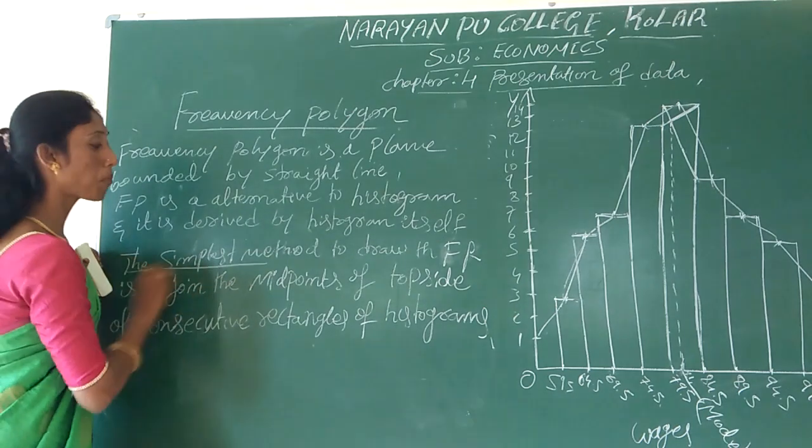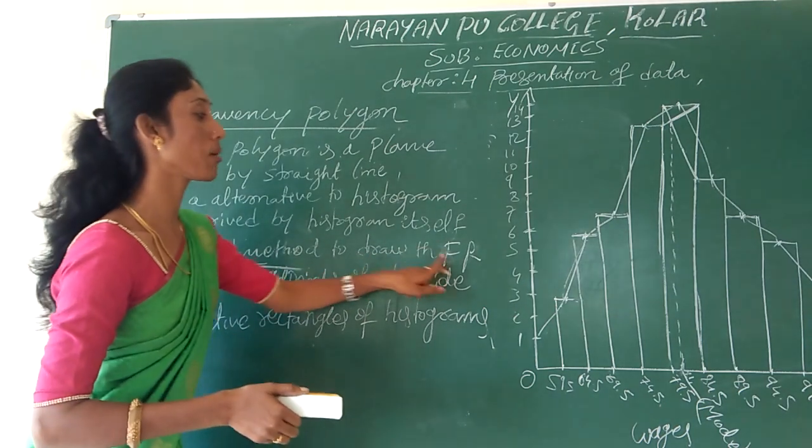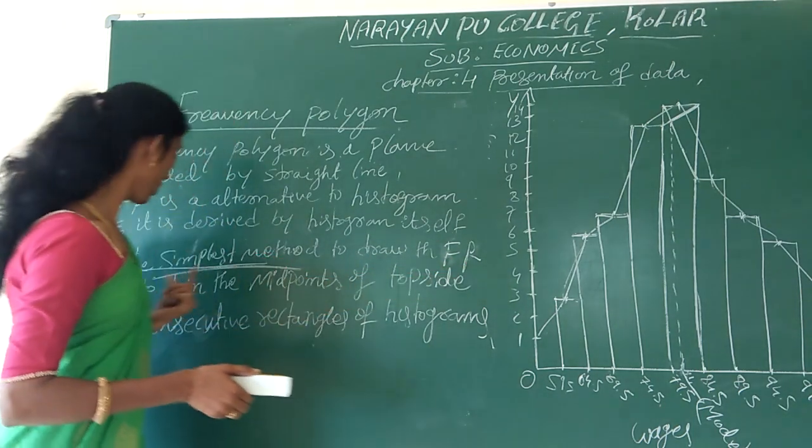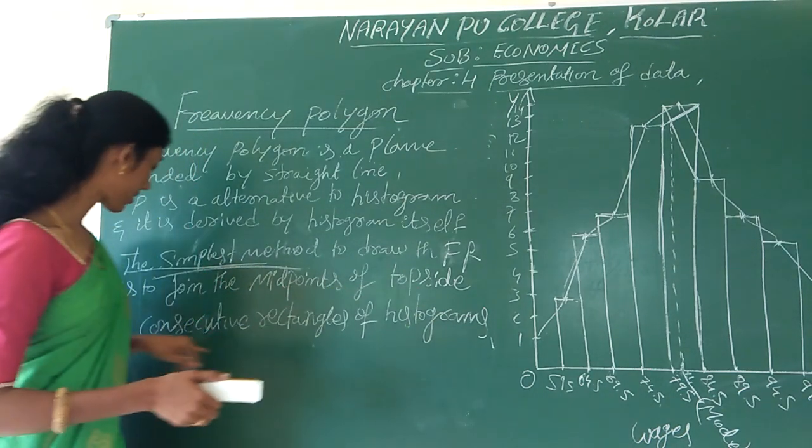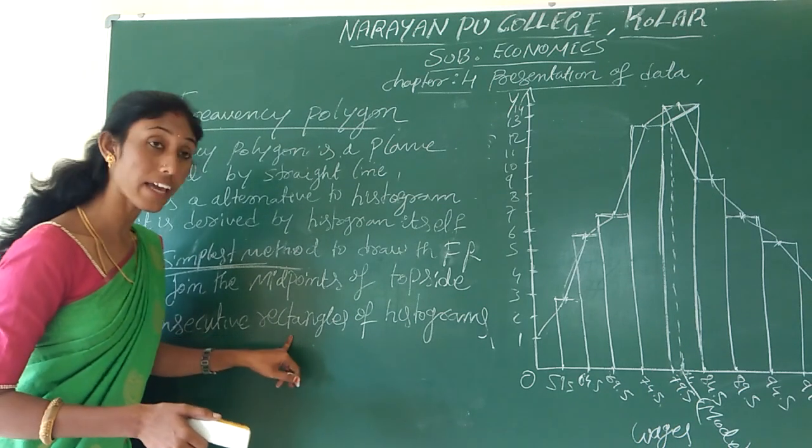Understood? The simplest method to draw the frequency polygon is joining the midpoints of the top sides of the consecutive rectangles.